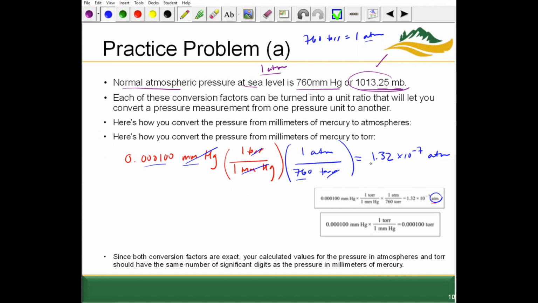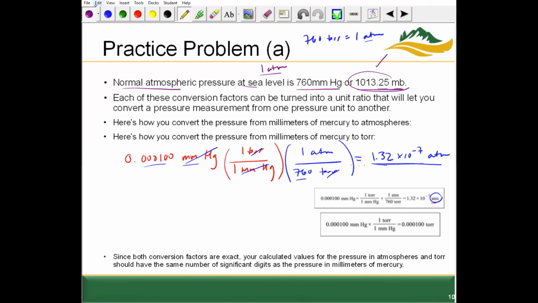Putting this with 3 sig figs like we were told to do, we report it in scientific notation because it's easier to see a value like this instead of a bunch of zeros out front.